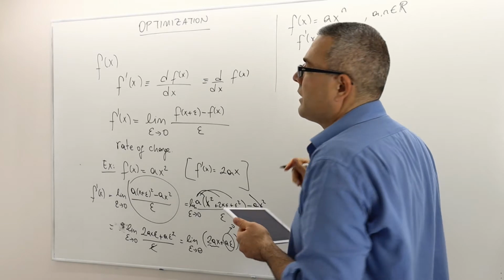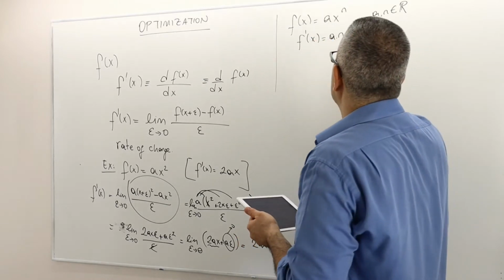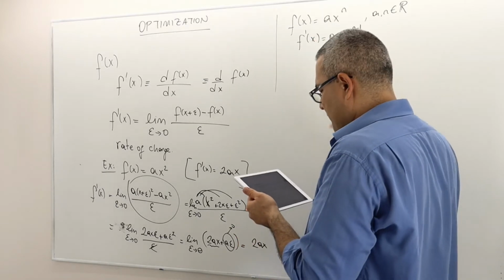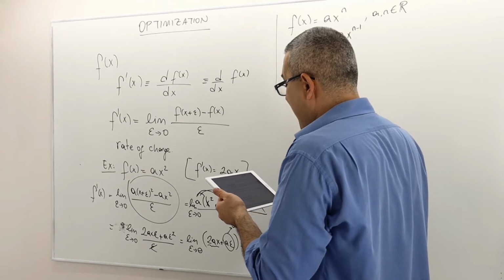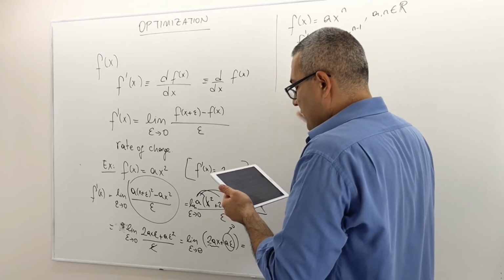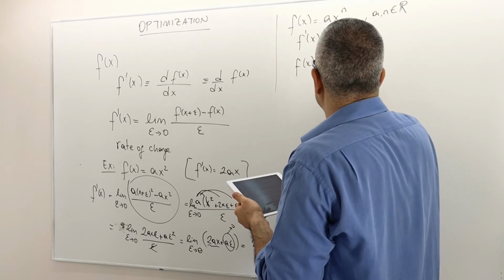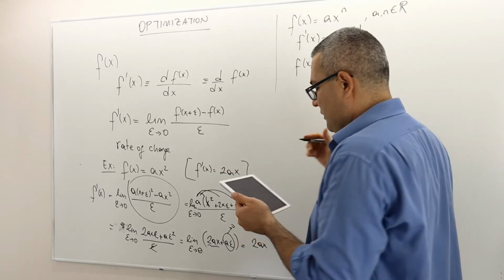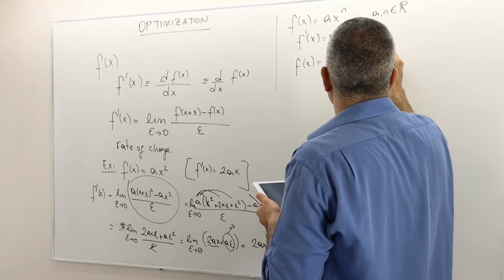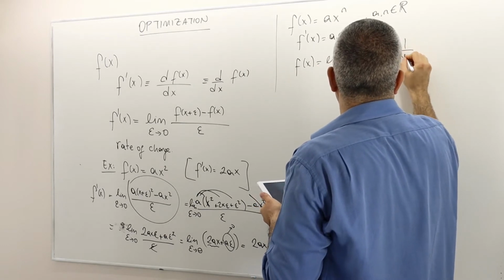We just reduce the power by 1. If it is a natural logarithm, for example f of x equals ln x, which we use a lot, then f prime of x is just 1 over x.